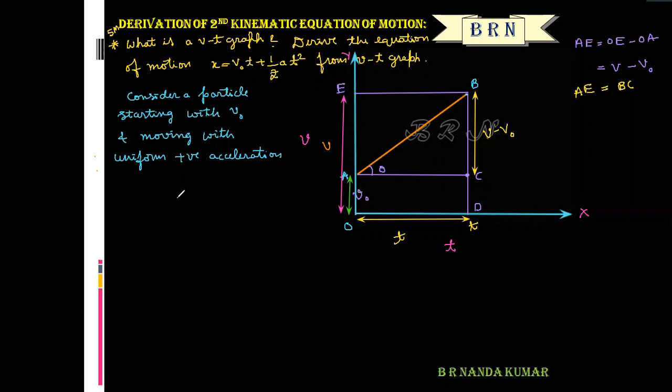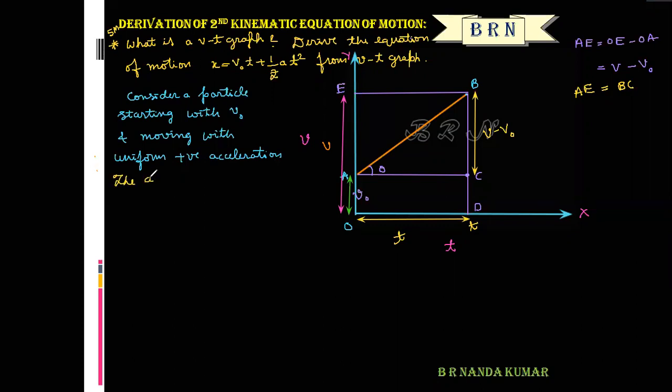So actually here we have to find out the displacement. How to find out displacement from VT graph? Actually, the area under VT graph represents the displacement. Is it not?